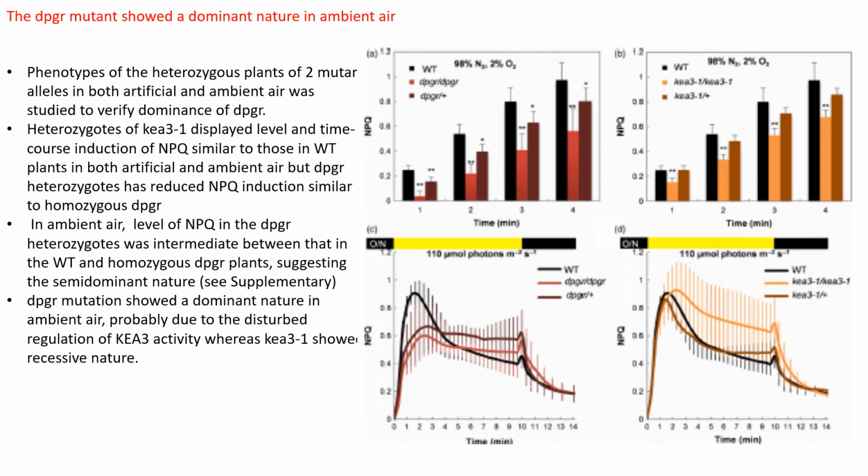In the case of ambient air, the levels of NPQ in DPGR heterozygotes were intermediate between those in the wild type and the homozygous DPGR plants, which suggests that DPGR was semi-dominant in the ambient air condition.